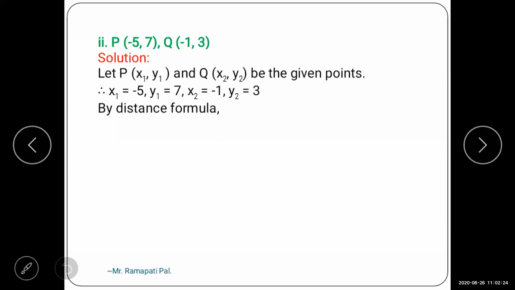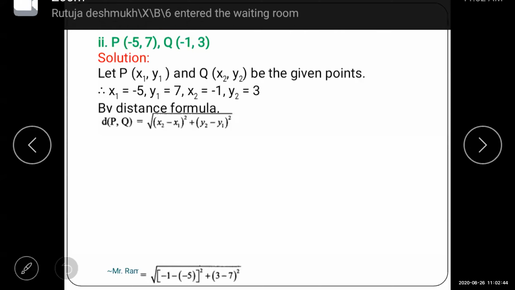So by distance formula, we have to write down the distance PQ is equal to under root x2 minus x1 whole square plus y2 minus y1 whole square. So we know what is x1, x2, y1, y2, then we have to substitute that value.